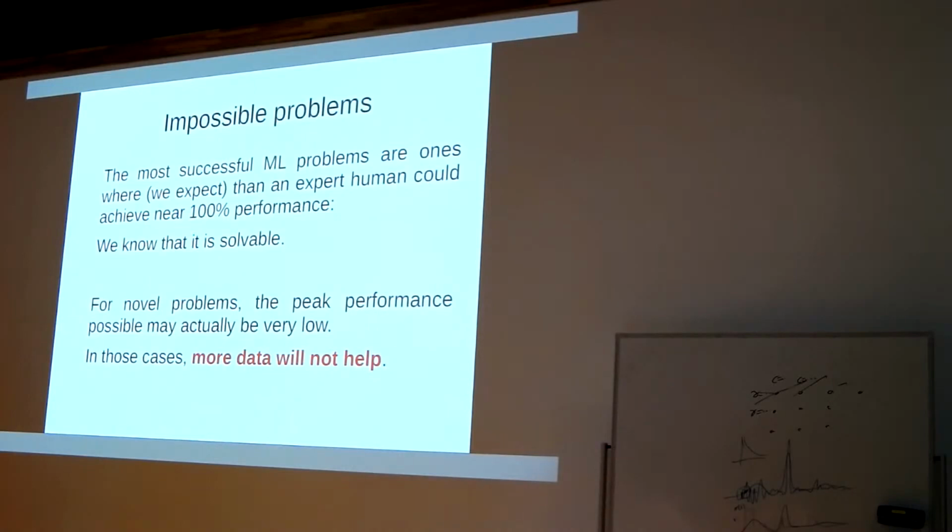So that's a caveat. You could run into an impossible problem. And if you're in that kind of regime, more data won't help at all. The information is simply not there in the inputs to get the outputs. So it's something to keep in mind and be aware of, and look for that saturation behavior and evaluate.